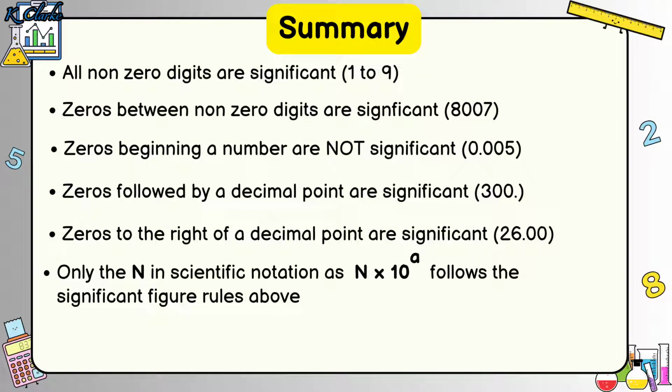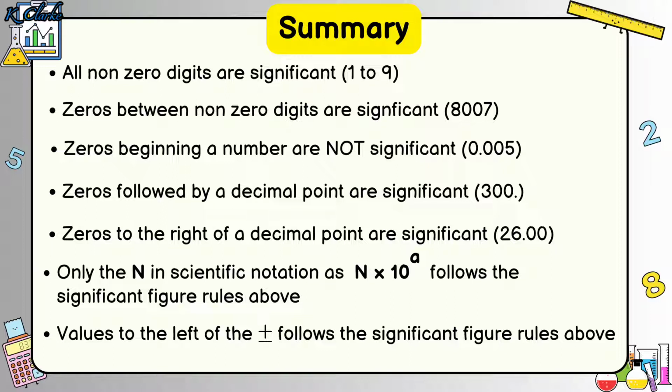Only the n in the scientific notation n times 10 to the power of a follows the significant rules above. Lastly, values to the left of the plus or minus sign follow the significant rules above.